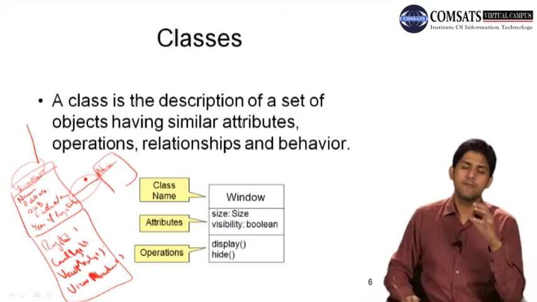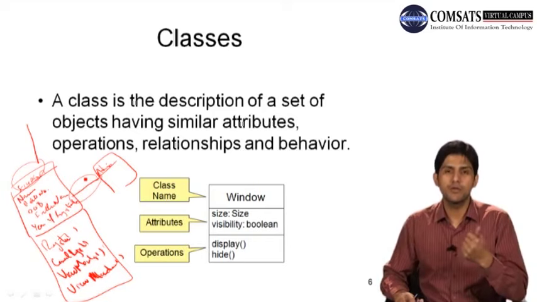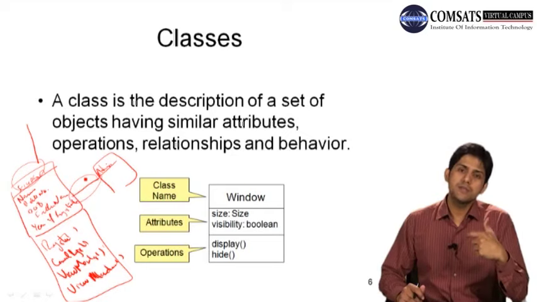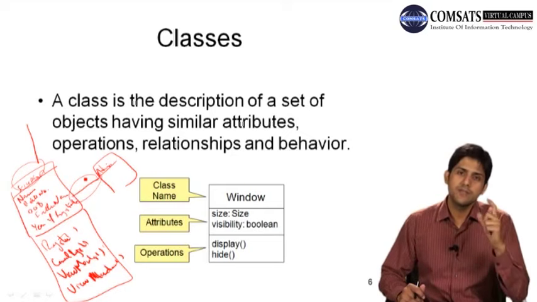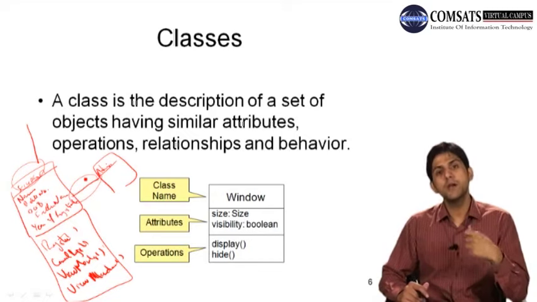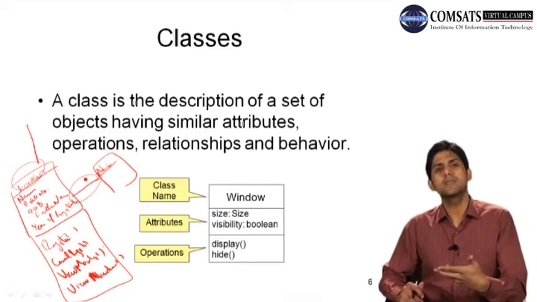Now whenever you're modeling your solution and you're going to make a class model of the problem that you're going to solve, if you come up with an object which is just a standalone thing, where you cannot think of multiple instances of that particular class, then you should not make it a class.